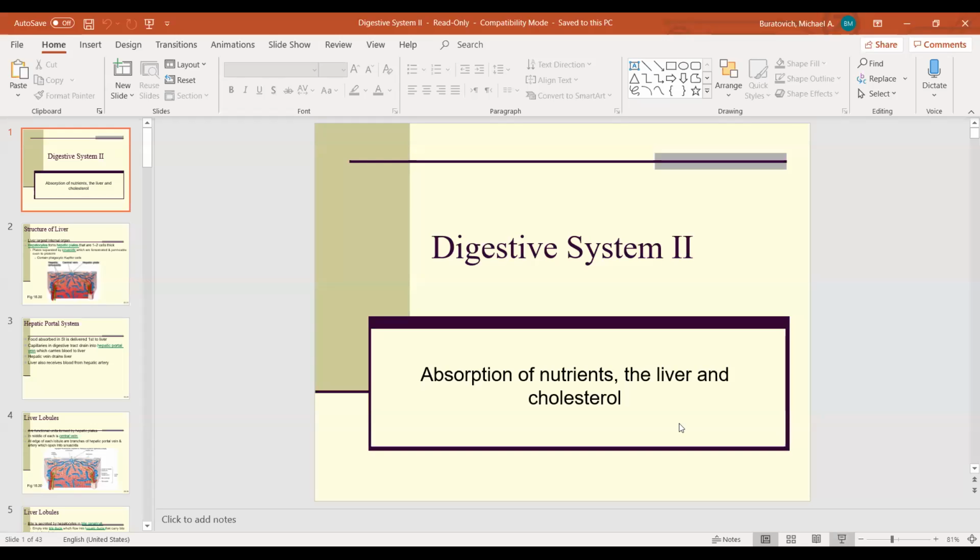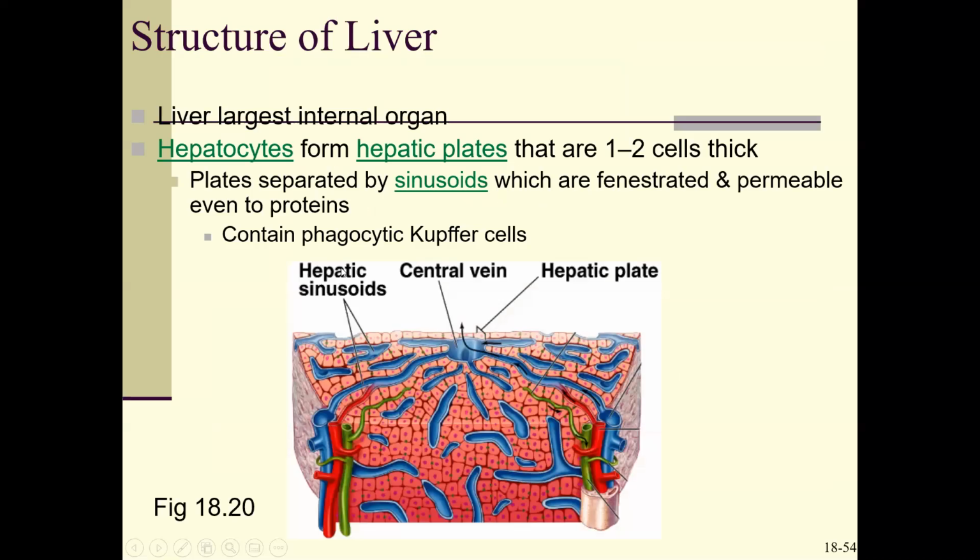All right. Let's talk about the liver. So the liver lies just below the diaphragm in the right upper quadrant of the abdominal cavity. It's the largest internal organ you have. It does a wide variety of things.